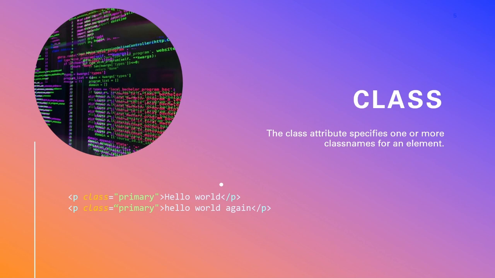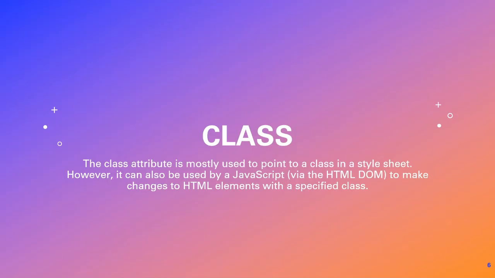And this helps a lot, so they get affected when we add any changes in our CSS. A class attribute is mostly used to point to the class in a style sheet. However, it can also be used by JavaScript or the HTML DOM to make changes in the HTML elements with specific classes.